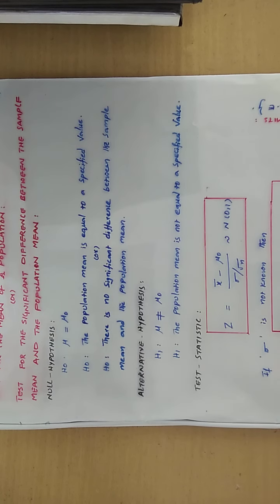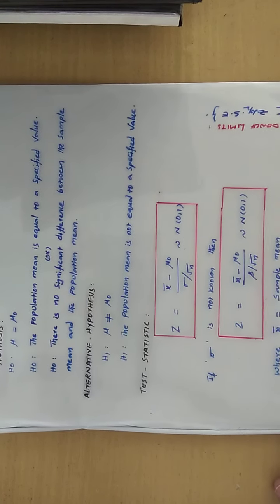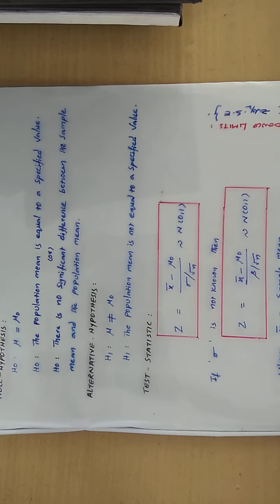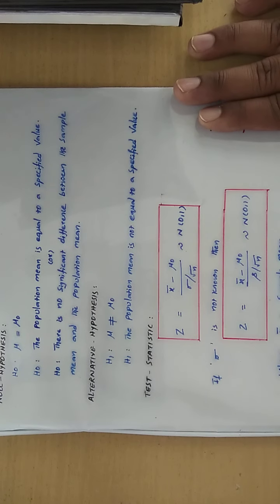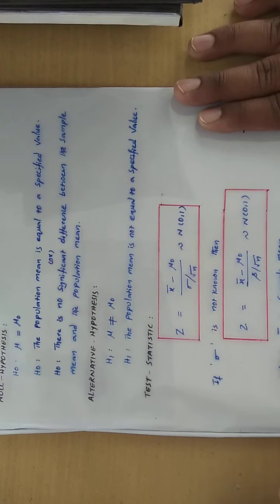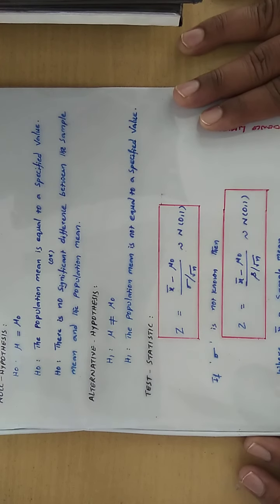But if sigma is not given, then what is the alternative formula? We are going to substitute. Z is equal to x bar minus mu naught by s by root n.